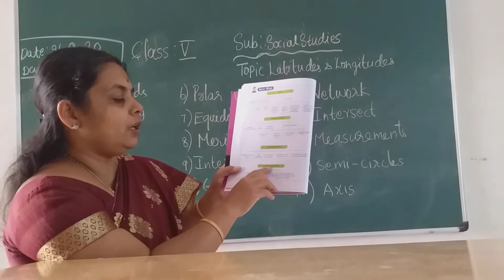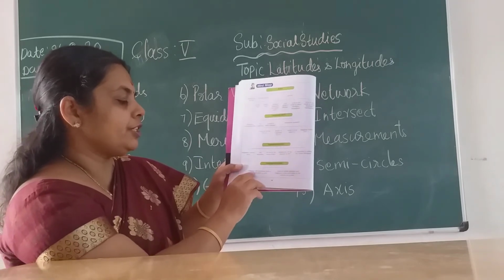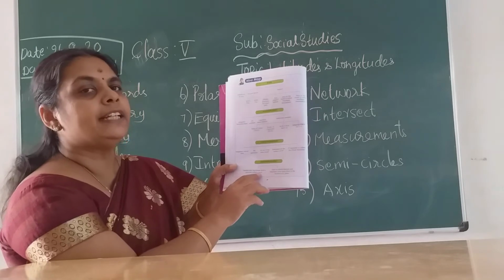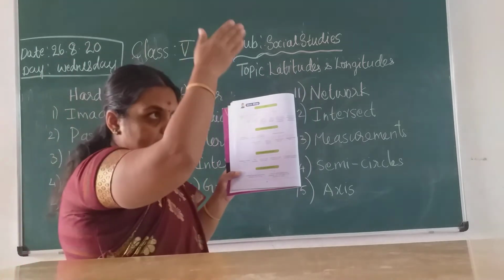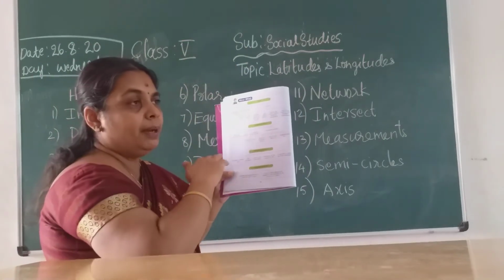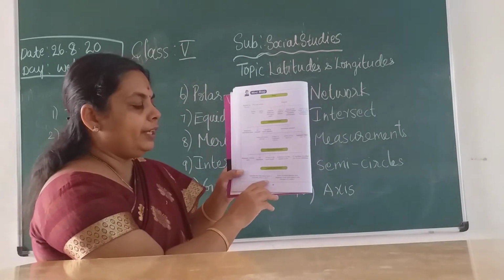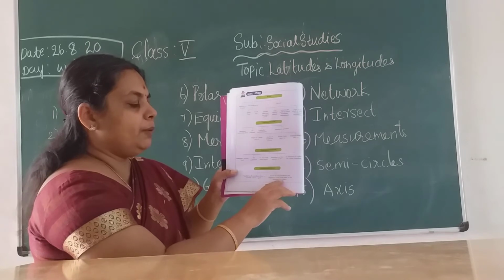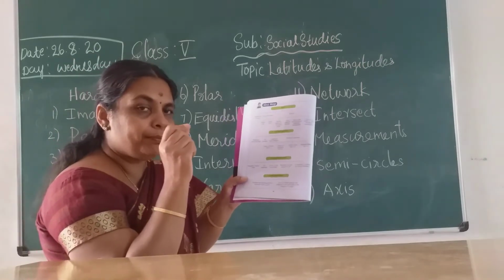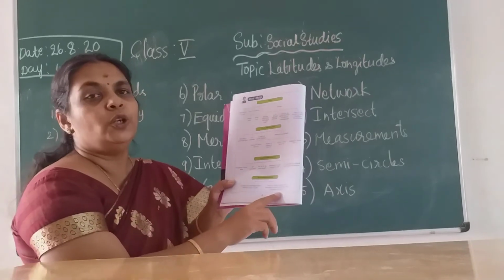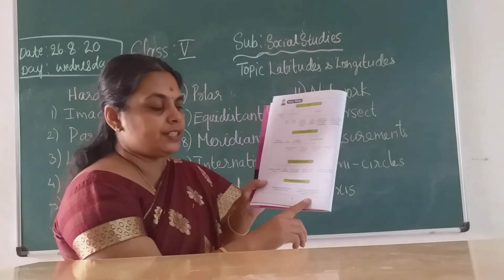Then one more important point: parallels and meridians form a network called a grid. Where the parallel lines and the vertical lines meet, they form a grid. The point at which the latitude and the longitude cross each other is the location of the place, children.